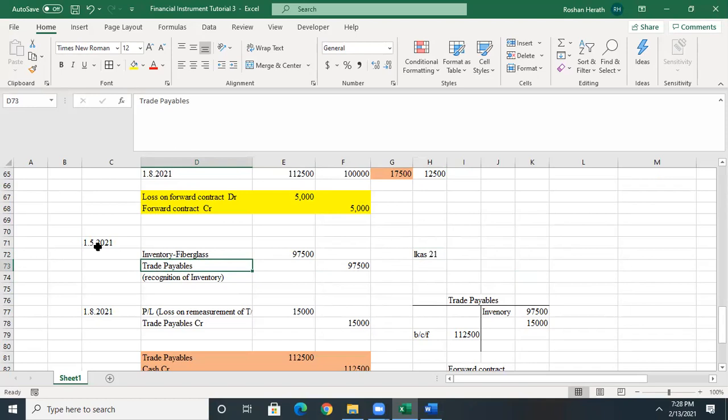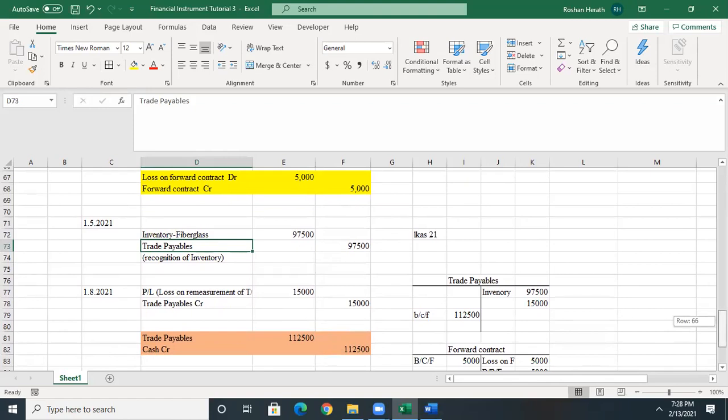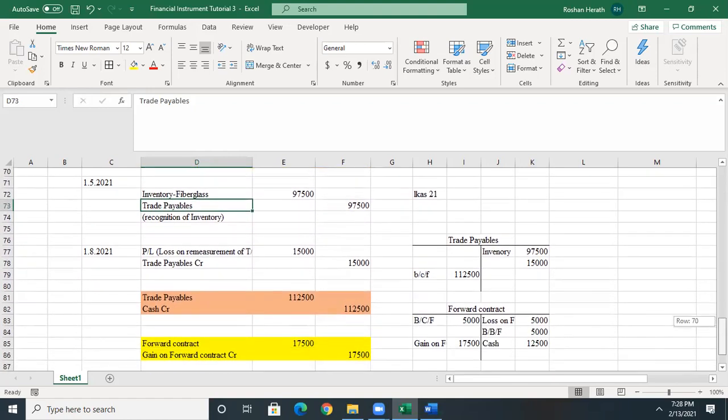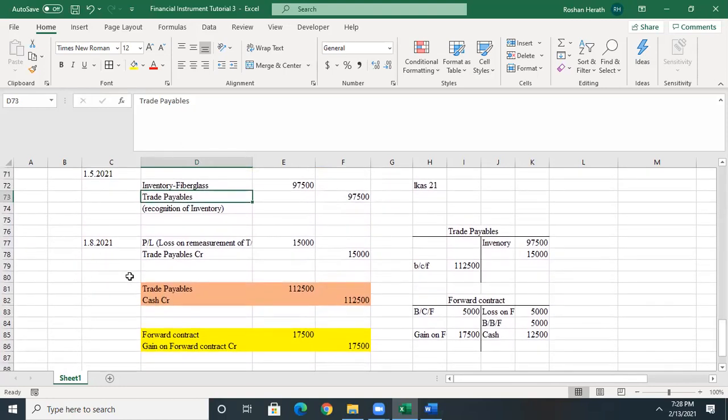But here there is no reporting date, because you recognize them on 1st of April. So the reporting date may come on 31st March 2022, but the asset and the liability may not last for such a period because they are simply getting derecognized on 1st of August.